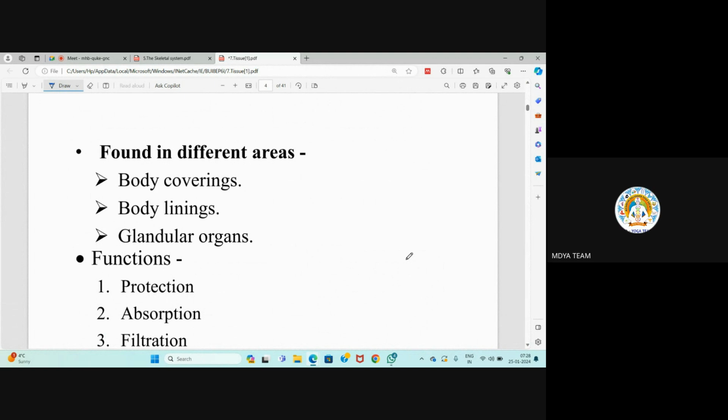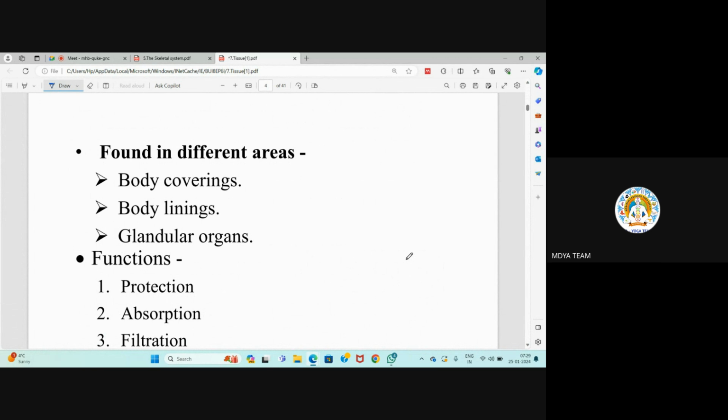Epithelial tissue is seen at the superficial level of almost every organ. Skin is the covering. Glandular organs means those organs which are glands.